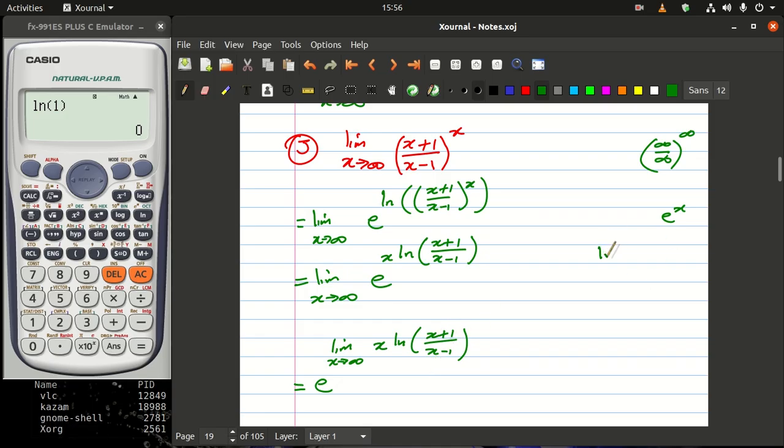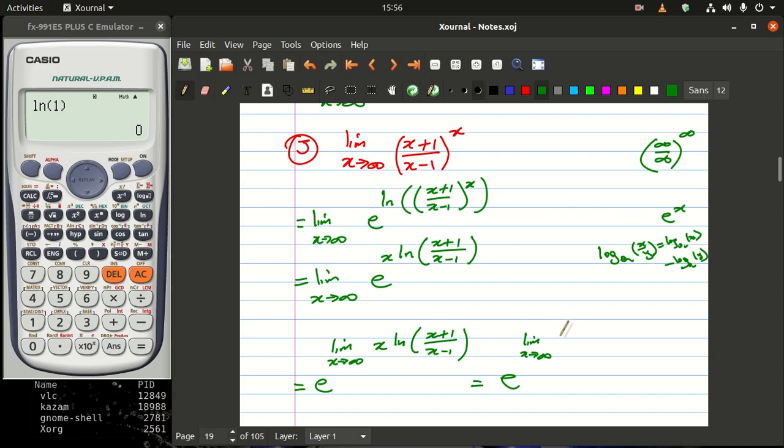But I know that whenever I have a log function and I have x over y, this is going to be the same as log base a of x minus log base a of y. So I'm going to use that there, which means this is going to be e raised to the limit as x approaches infinity.